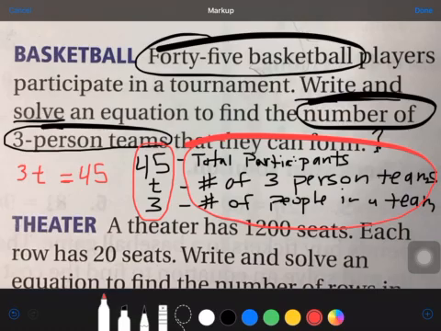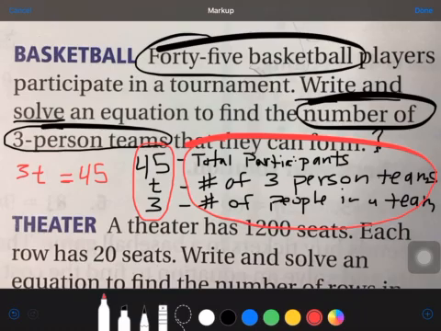So however many teams there are, I'm going to times that by 3, and that's going to give me the total number of people. So now I have my equation that I can now solve. So I've got 3t equals 45. 3 times t equals 45.